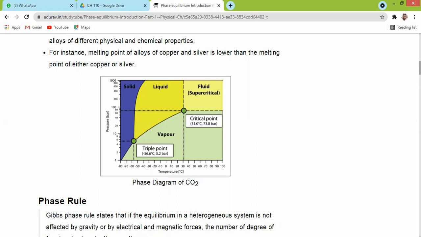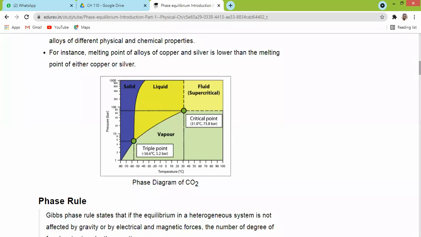And then you have this point which is known as the critical point. The critical point is a point at which a gas cannot be condensed. This is the point at which your gas cannot be compressed. You cannot condense it into a liquid.